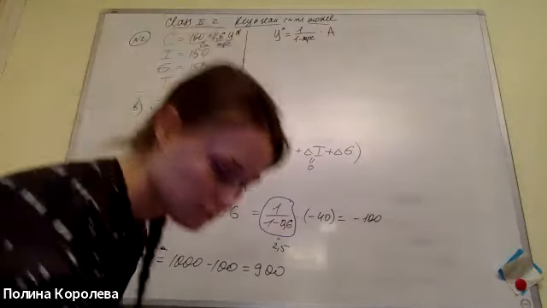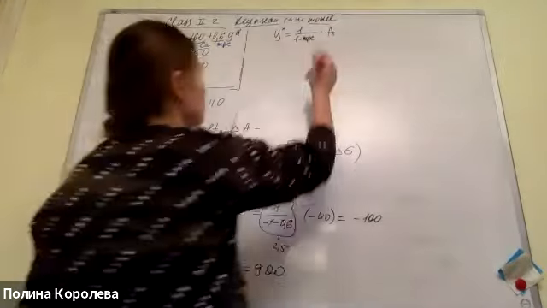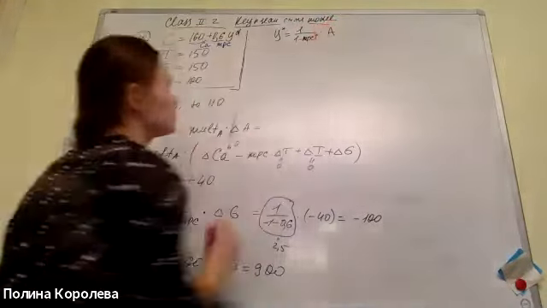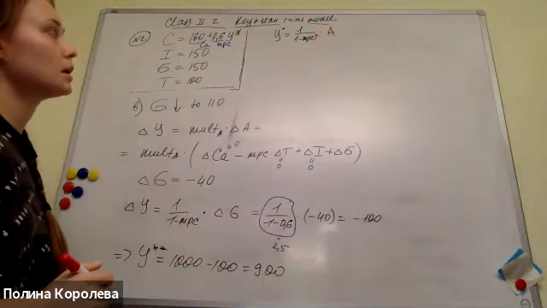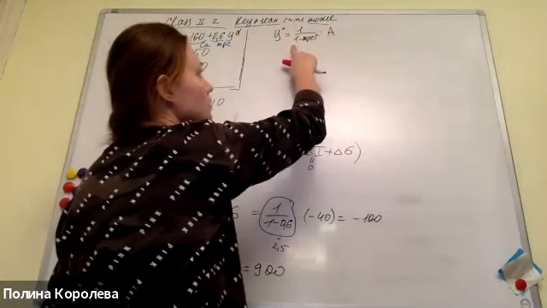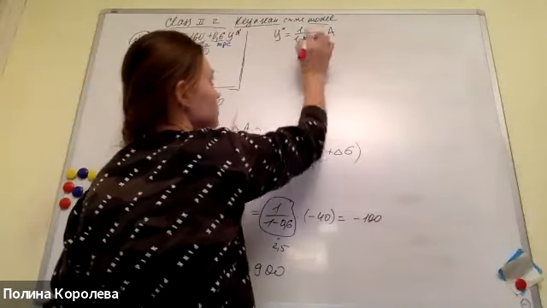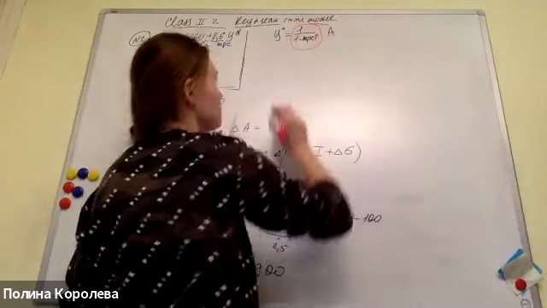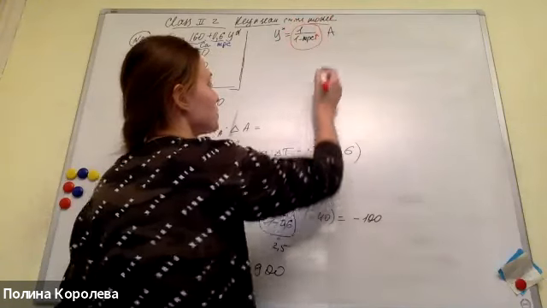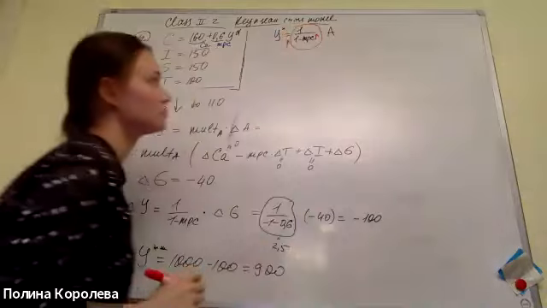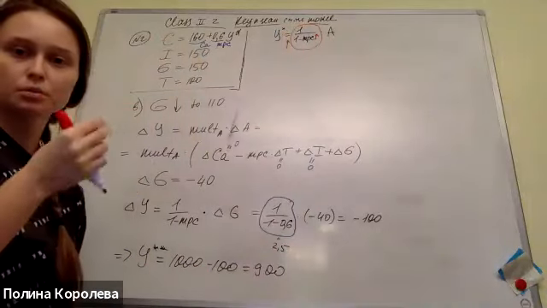That means that if marginal propensity to consume will increase, what will happen with the denominator? The denominator will decrease. Agree? Yes. That means that the whole multiplier, what will happen to it? It will increase, yes? We divide by something lower than before.